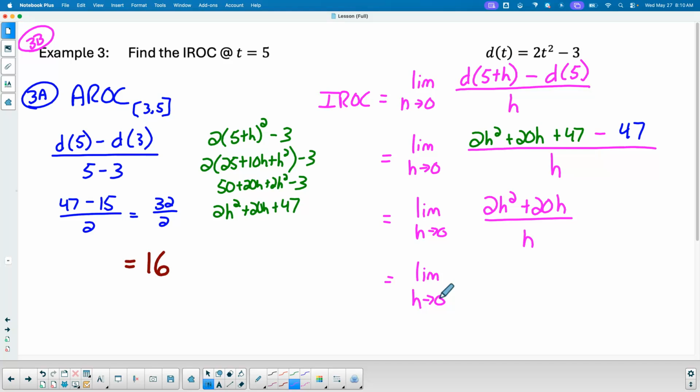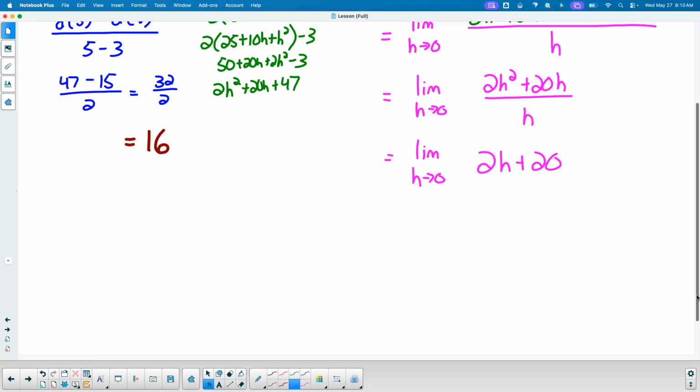Limit as h approaches 0 of 2h plus 20. Now what can we do? Now we can send h to 0. Okay? So if h is 0, then this would become 2 times 0 plus 20. 2 times 0 is 0, plus 20 is 20, whatever units we would have.